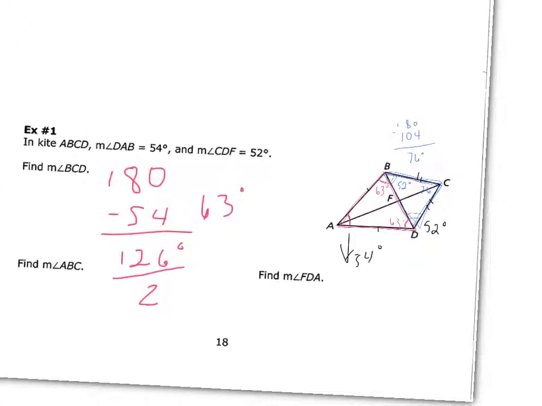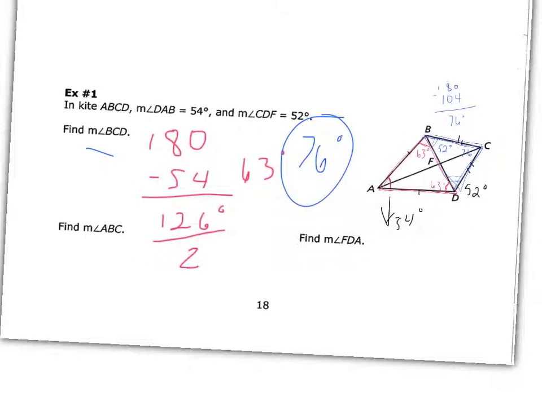Okay, the first one says find BCD. Well, we just found that one, and it happens to be 76 degrees. Okay, so BCD is 76 degrees. Measure angle ABC. You have two angles added up, angle ABF and FBC.